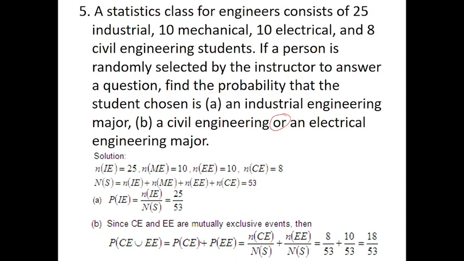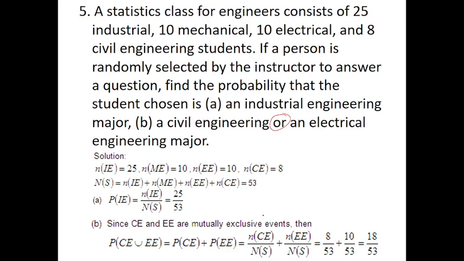So, probability of CE plus probability of EE. Totoo yung equation na to, na i-add mo sila kapag mutually exclusive yung dalawang events. Ibig sabihin they have no common outcome.